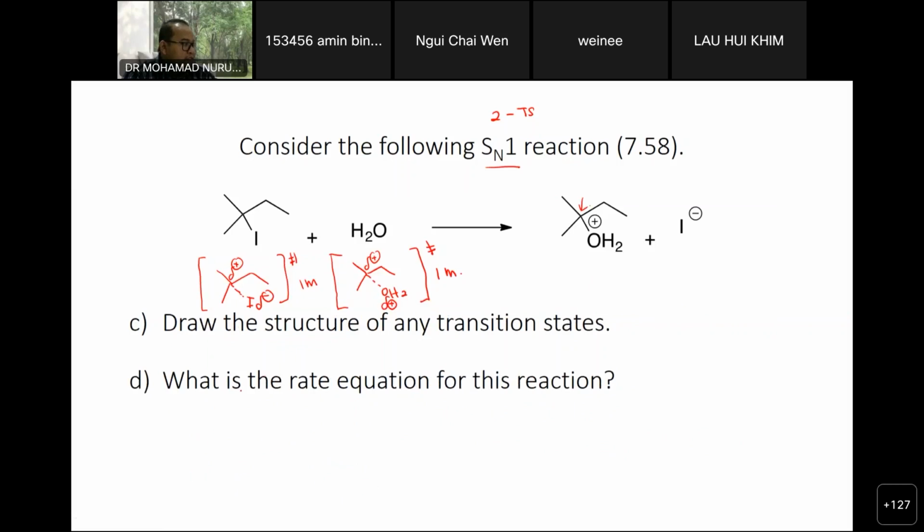The fourth one, what is the rate equation for this reaction? Because this is an SN1 reaction, the rate only depends on the concentration of the starting material, the alkyl halide.